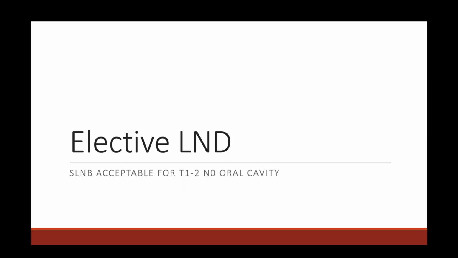The next few studies that I'd like to talk about discuss how we address lymph nodes, going over elective versus therapeutic lymph node dissection, the role of sentinel lymph node biopsy for early stage oral cavity cancers, and also some of the patterns of failure and where we see lymph node failures when we do see them.